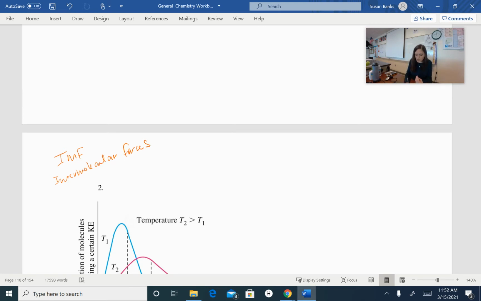We talked about London dispersion forces. We talked about dipole, and we talked about hydrogen bonding or hydrogen bonds. Those forces make a difference on whether a molecule can leave that liquid phase or not. The stronger the intermolecular forces, the harder it is for those molecules to break free of the neighbors.